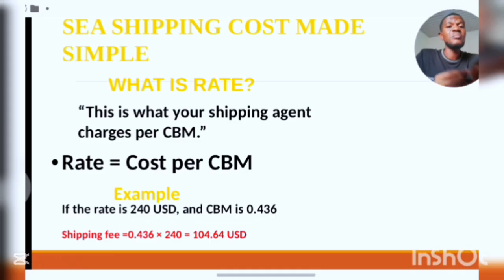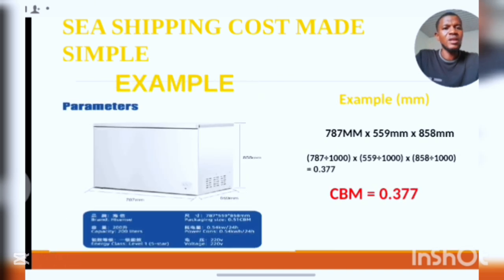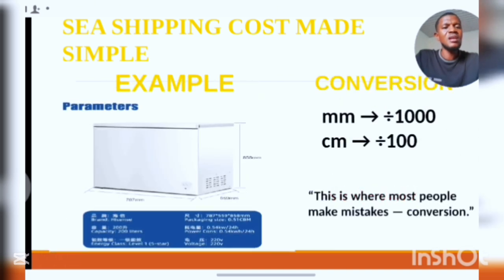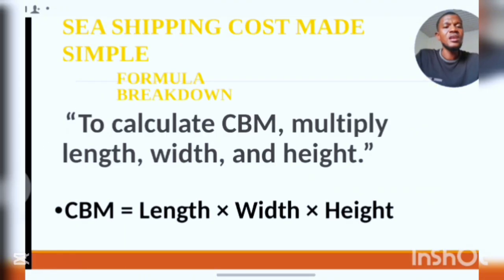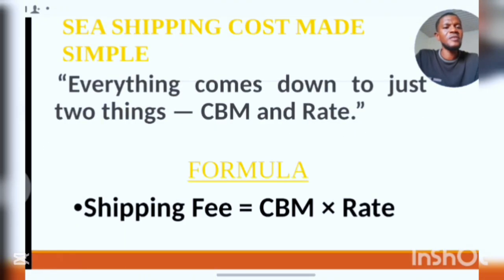So for example, if the rate is 240 USD and assuming the CBM is 0.436, your shipping fee will be, remember, per the formula, the shipping fee is equal to the CBM multiplied by the rate.